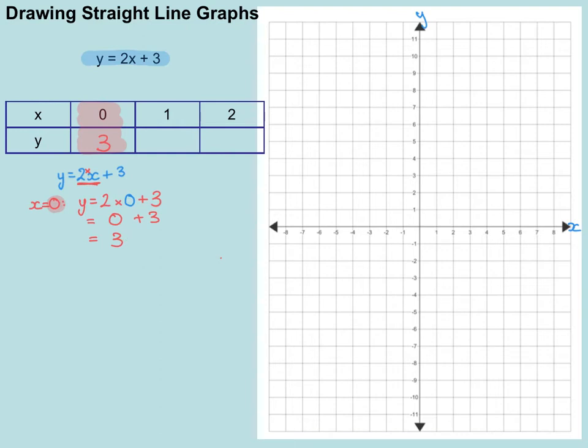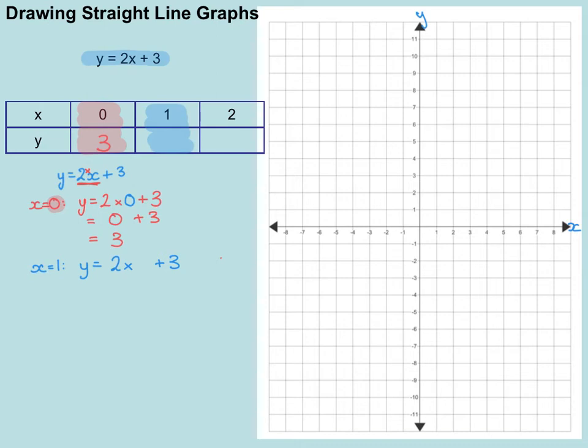Okay, right, next number along. We've got x as 1. X equals 1. So again, I'm going to start to think about that equation that we were given. We were given 2x add 3, remembering that it means 2 times the x and then add 3. Now in this case, what's our x worth?